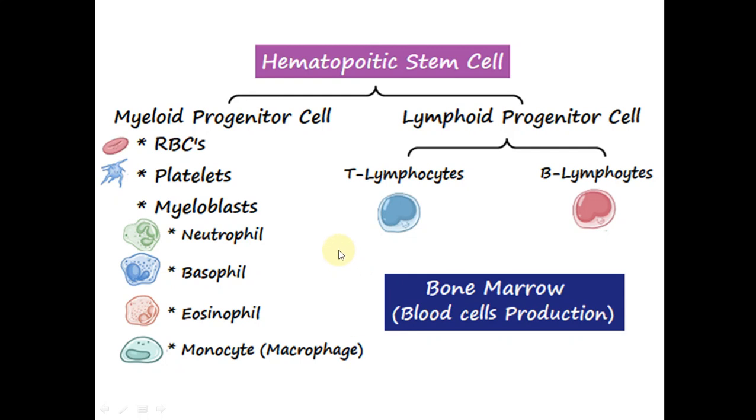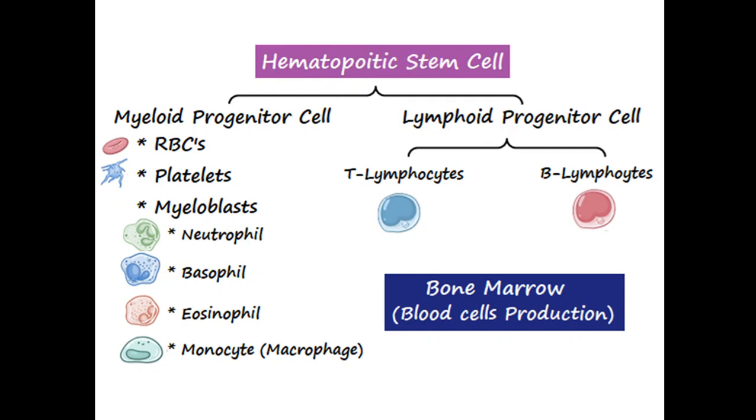The bone marrow is the part that lies in the center of the medullary cavity and also in the spaces between the trabeculae in the spongy bone. They are involved in the production of cells. Initially, there is a single cell known as the hematopoietic stem cell, and all the cells of the blood and immune systems are derived by the differentiation of this hematopoietic stem cell.